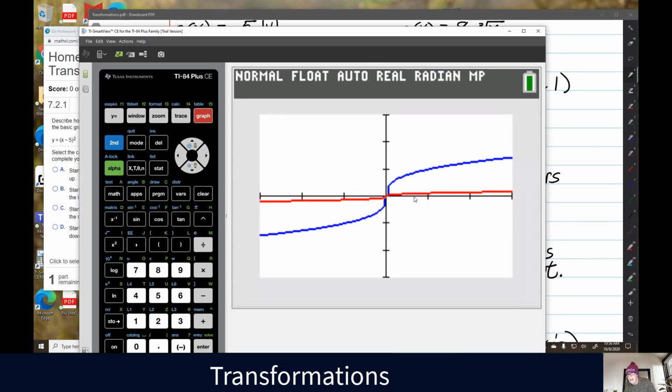There, see, it's not flat on the x-axis, but it's just a little bit below the x-axis and a little bit above the x-axis. We shrunk it by a lot.